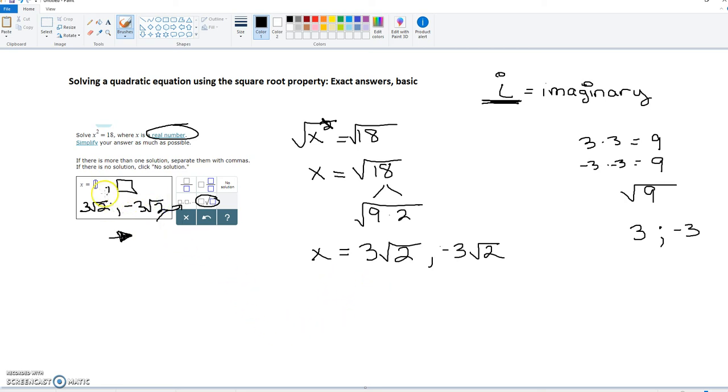The only time that you would have no solution as an option is if, let's say, you had x squared equals negative 20. Because when we find the square root of both sides, we've got that negative underneath the radical.